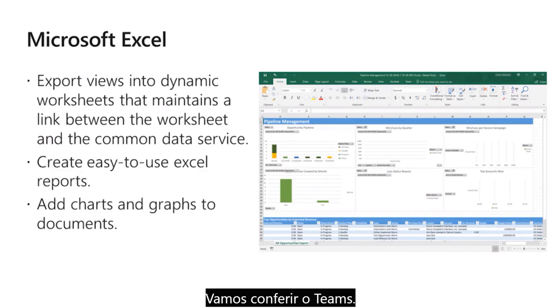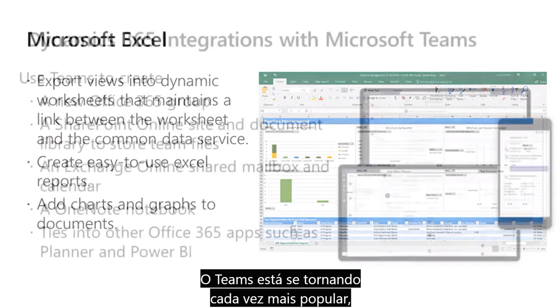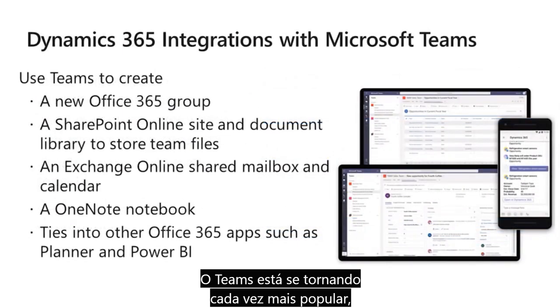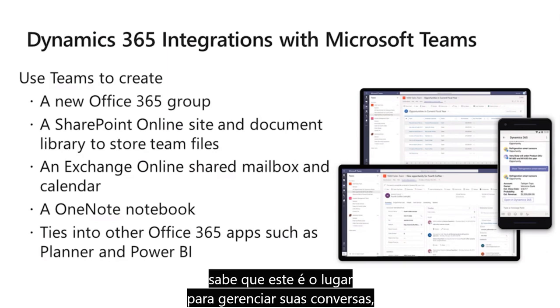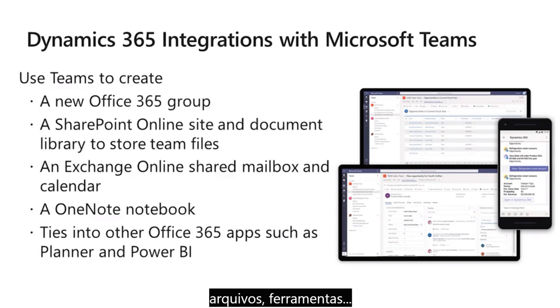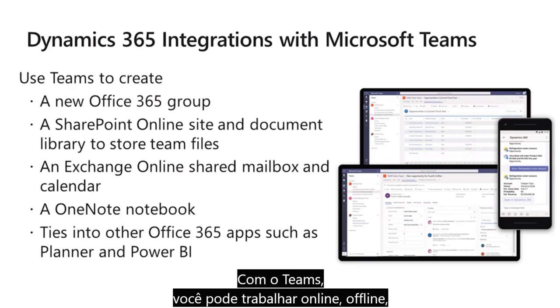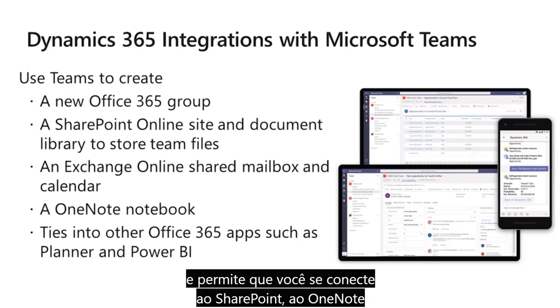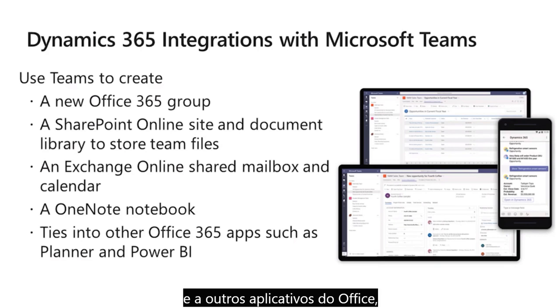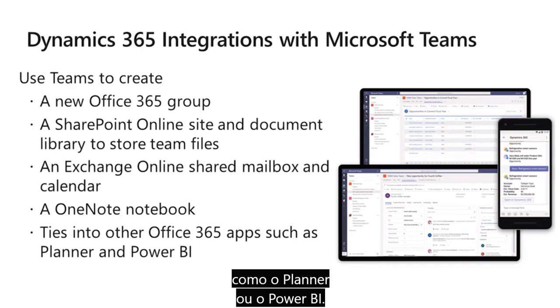Let's actually look at Teams. Teams is becoming increasingly more popular, and if you're familiar with Teams, you know this is the place to manage your conversations, files, and tools, all in one workspace. With Teams, you can work online or offline, on a computer, tablet, or mobile device, and it allows you to connect to SharePoint, OneNote, and other Office apps such as Planner or Power BI.